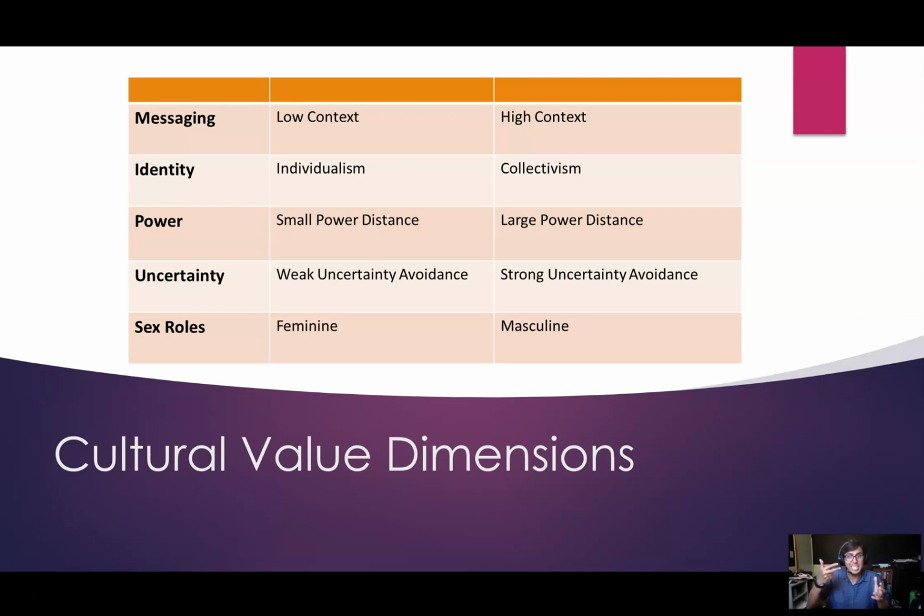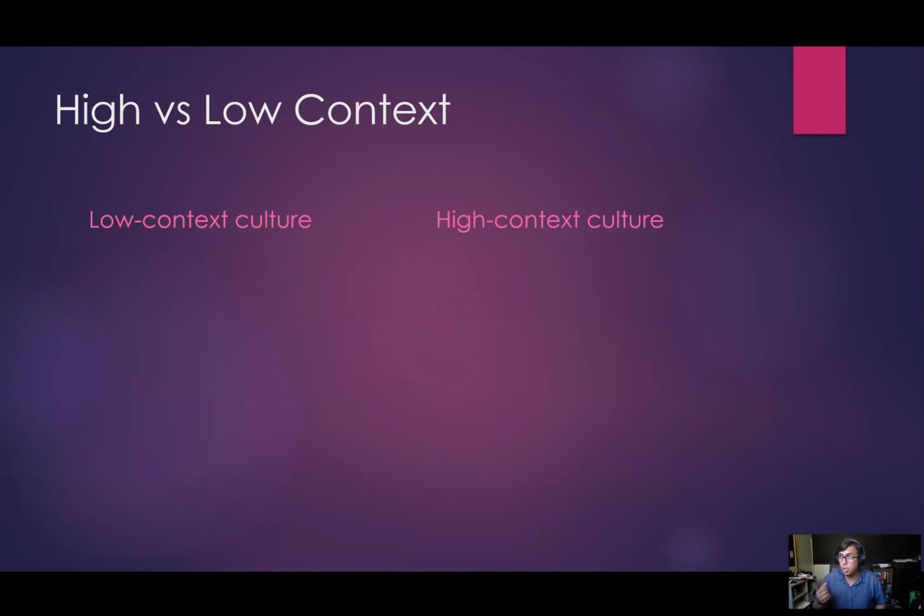Messaging, identity, power, uncertainty, and sex roles, all of which are main areas of distinction between different types of cultures. So we start with messaging. In some cultures, we have high context.